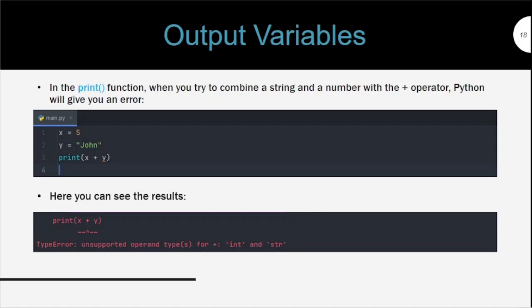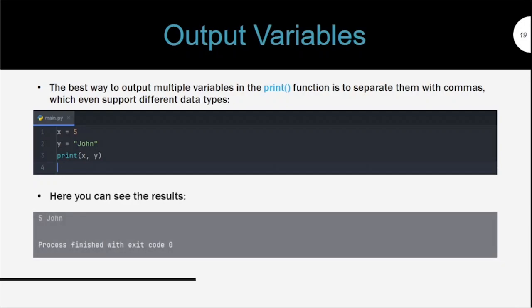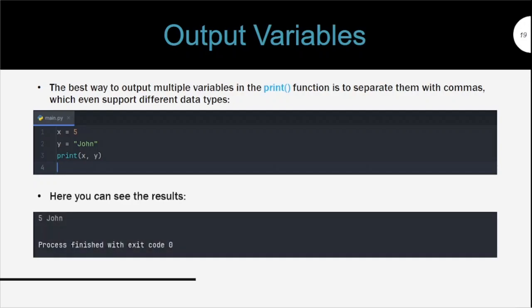The first one is an int, the second one is a string. The best way to output multiple values in the print function is to separate them with commas, which even supports different data types. For example, like the previous one, which prints perfectly okay.